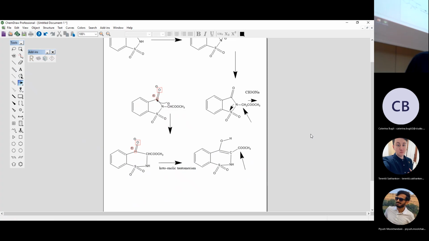Why is it activated? Because you see, it is an ester. So it is possible a condensation of this compound, for example, with a base. So we can use this type of base, for example.